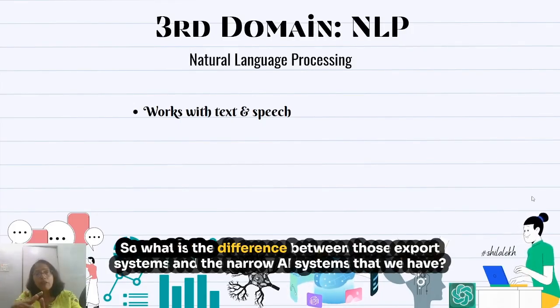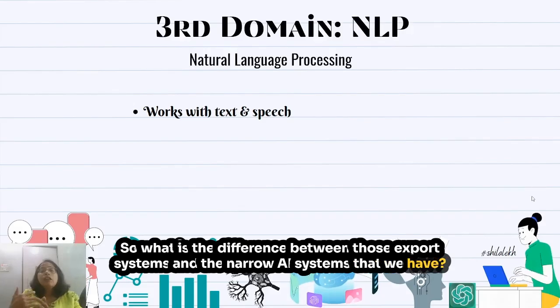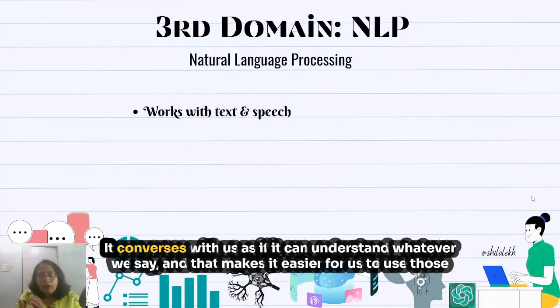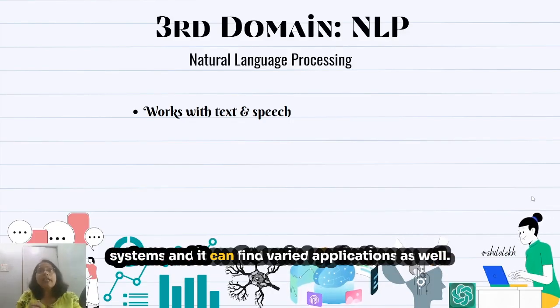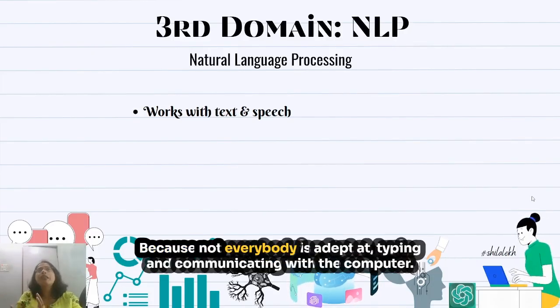So what is the difference between those expert systems and the narrow AI systems that we have? Natural language processing. It converses with us as if it can understand whatever we say, and that makes it easier for us to use those systems, and it can find varied applications as well, because not everybody is adept at typing and communicating with the computer.